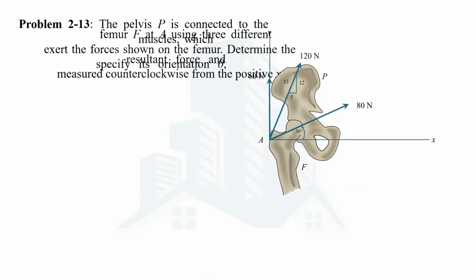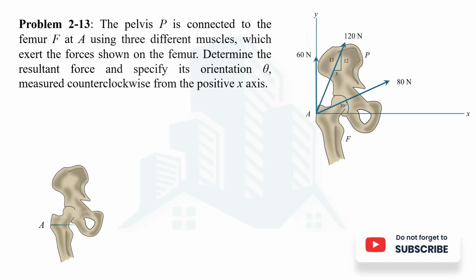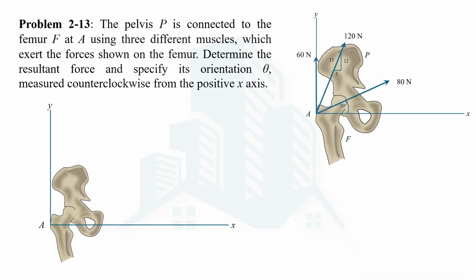So let's solve this problem considering the same pelvis and femur as the forces are acting at point A. So we will show x and y axis at point A, and then we will apply forces and we will determine the resultant. Now in this case, which is quite different from the previous cases, in previous cases we were usually given two forces only, but here there are three forces.